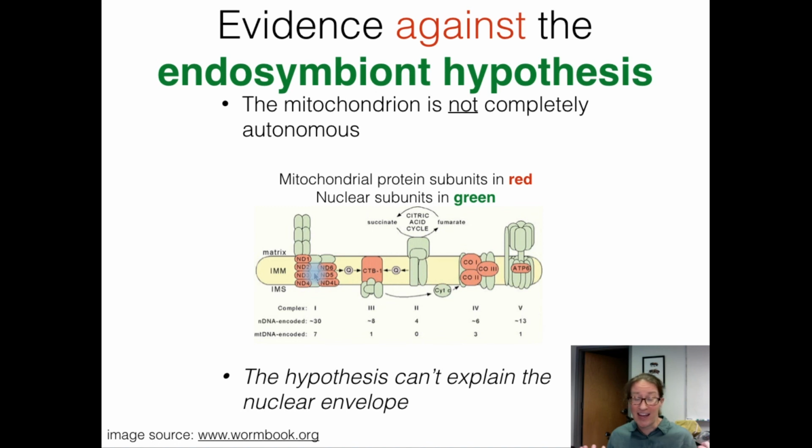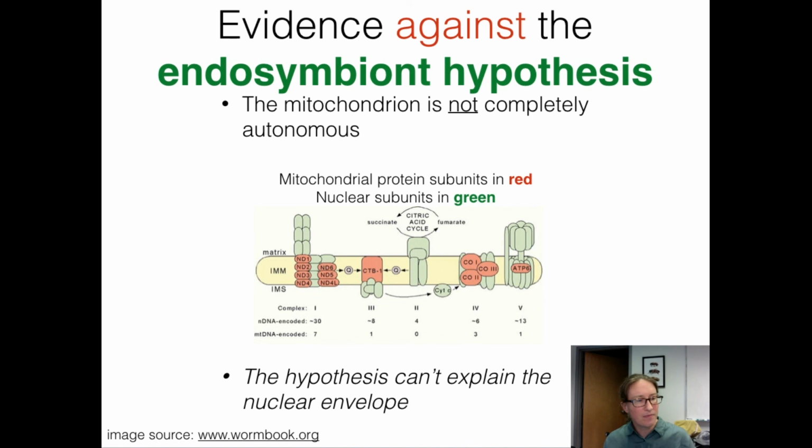How can we explain that? It's definitely not the result of a simple endosymbiosis event. It's pretty complicated, and we don't really have a great explanation for this. Along with that, it gets really hard to explain the origins of another cellular structure, the nuclear envelope, by endosymbiosis.